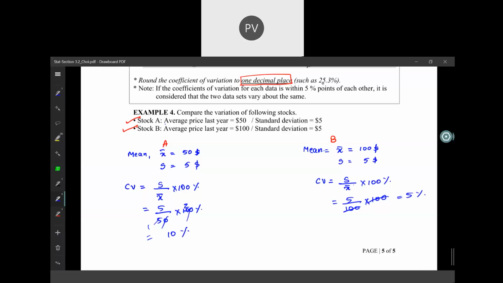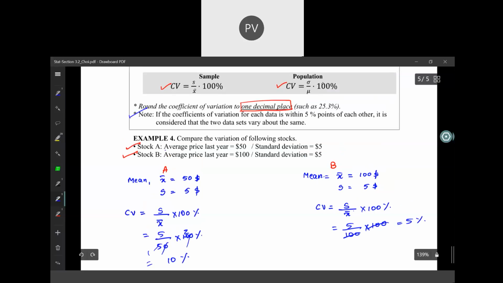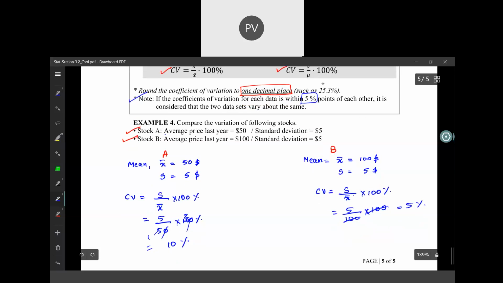Now, how do you know how much it is varying? What is the use of this? There is one note here which says that if the difference between the variations is within 5 percentage points, then we consider that the two data sets vary about the same.